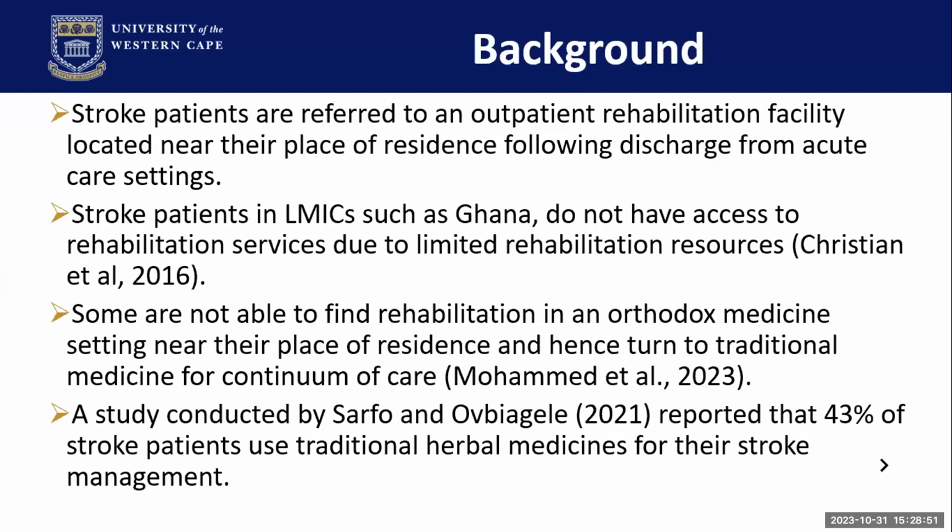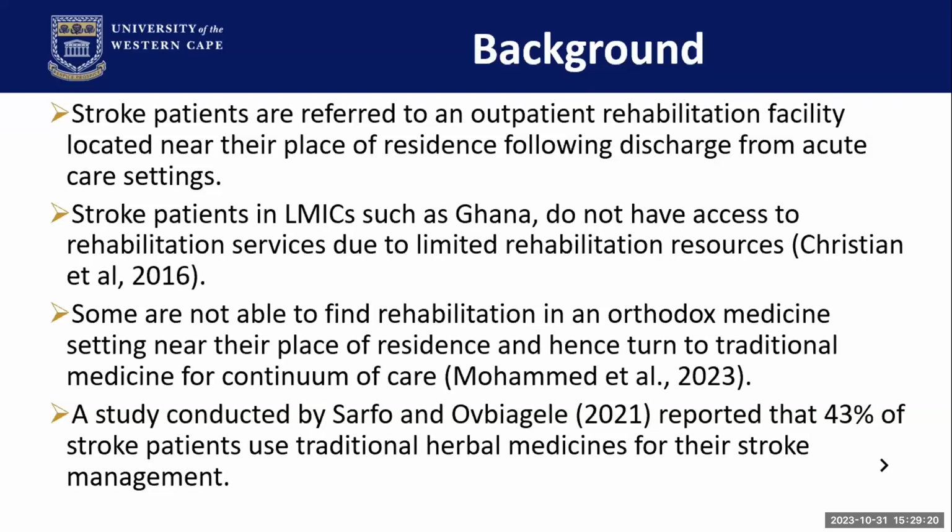But most stroke patients in lower middle income countries, including Ghana, do not have access to rehabilitation services close to where they stay due to limited rehabilitation resources. So some are not able to find rehabilitation in an orthodox medicine setting, and they hence turn to traditional medicine settings for continuum of care.